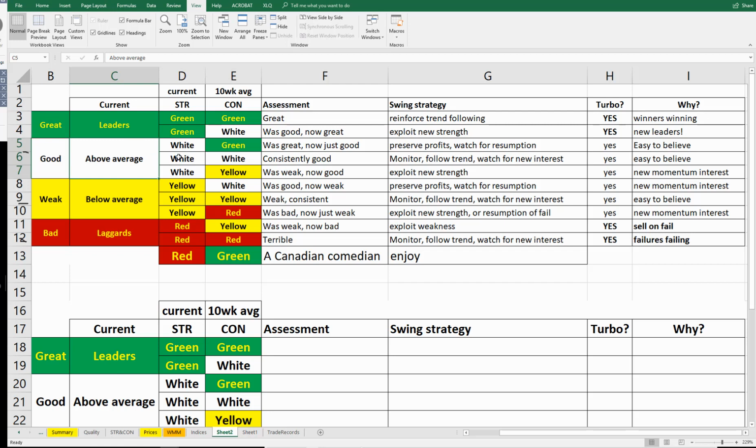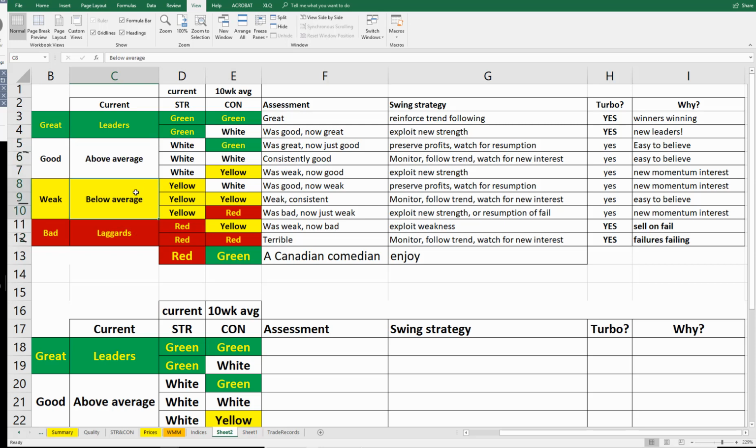Everything more than 1 standard deviation above is going to be green. Below average is everything between average and average -1 SD. And then everything that's in the red is more than 1 standard deviation below the average of the database.